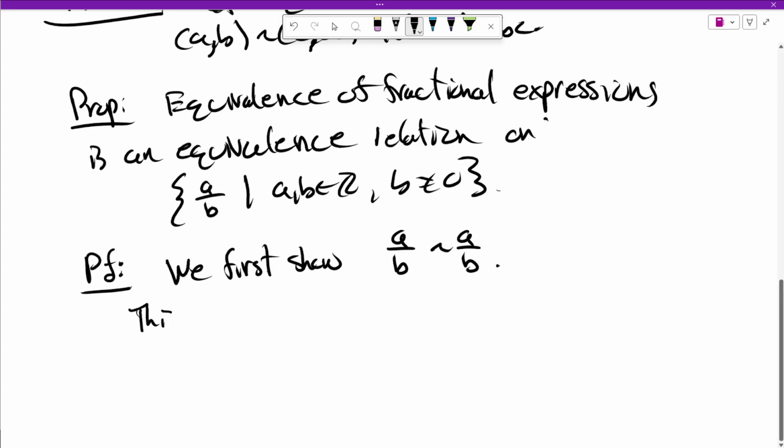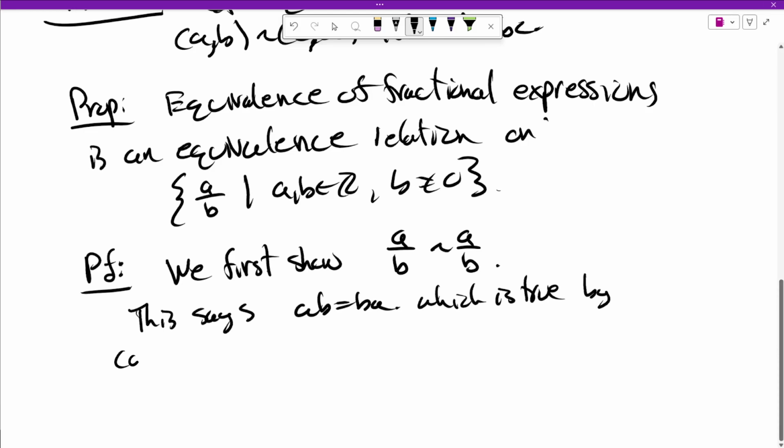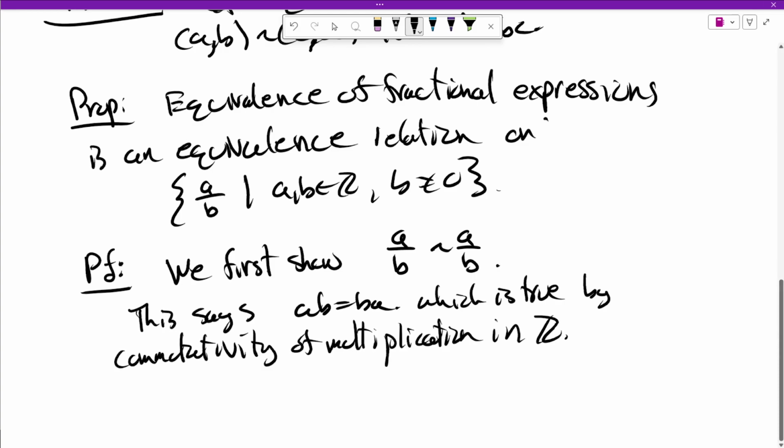So this says that AB is BA, but of course that's true because multiplication of integers is commutative. Commutativity of multiplication in Z. Great. So it's reflexive. We've just proven the reflexive property.